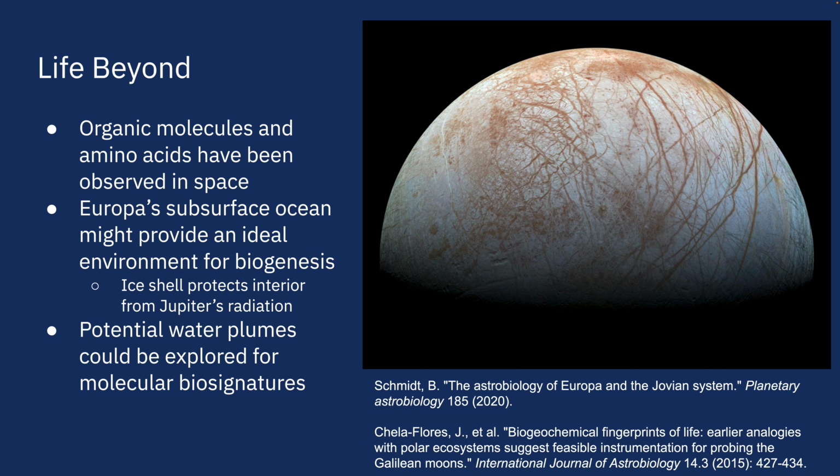There's a few environments nearby that are also, I guess, prebiotically plausible. There's that term again. Europa has actually a subsurface ocean that might provide an ideal environment for biogenesis. We have observed water plumes coming off of this moon of Jupiter. So life could be underneath there, and if not life, maybe the chemistry for life.